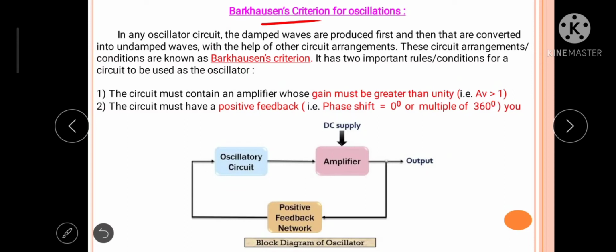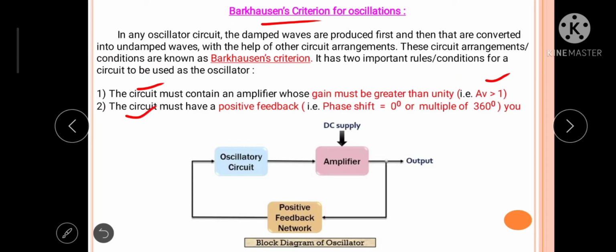The first condition is the circuit must contain an amplifier whose gain must be greater than unity. That means the gain AV should be greater than 1. Here it is necessary to have this gain greater than unity in order to recover the losses in the LC circuit.